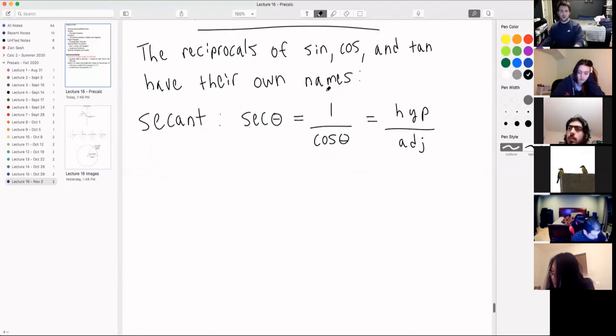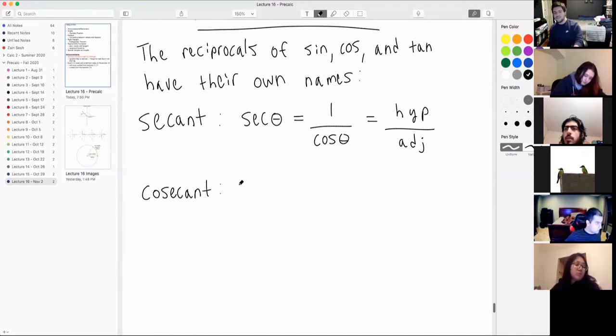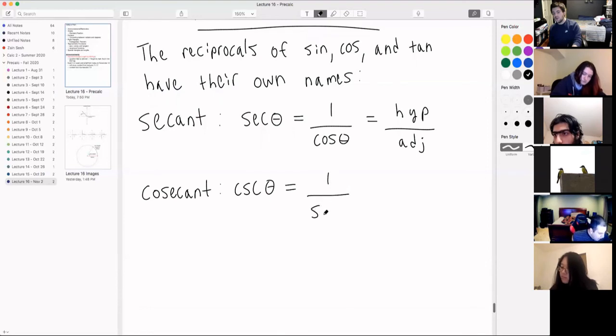We're going to have two more, one for sine and another for tangent. Next will be cosecant. The notation for this is csc theta, cosecant theta. By definition it is the reciprocal of the sine function, 1 over sine.